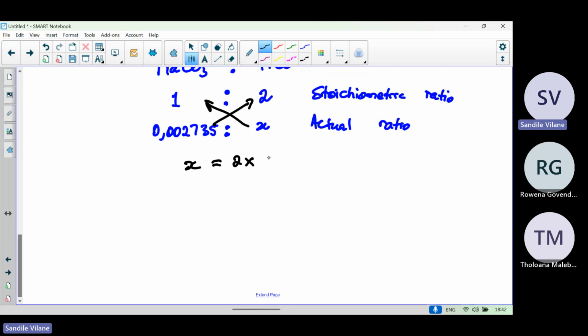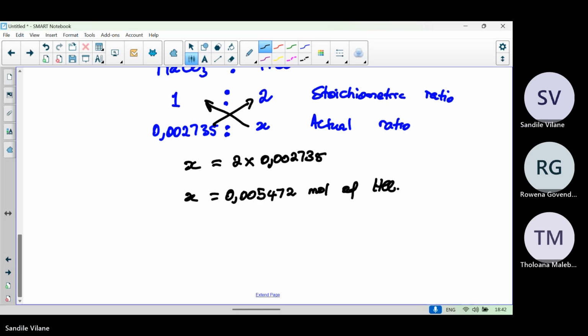So the answer will be 2 times 0.002735. And what is that answer? 0.005472. These are the moles of hydrochloric acid.